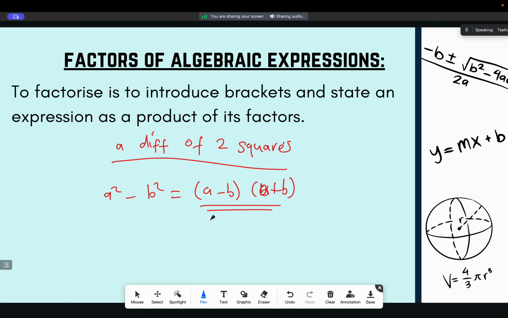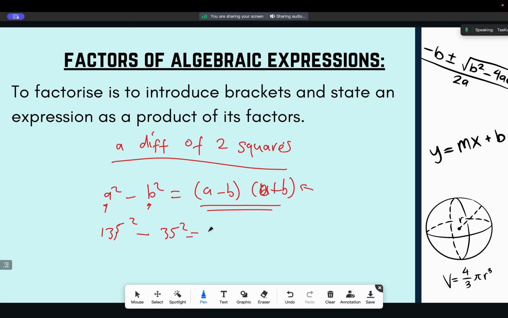But this is very powerful because let's say we have an example: 135 squared minus 35 squared. Maybe you might think that this just works with letters, but it works even with numbers like this. So what we do is we use this to solve this number here.